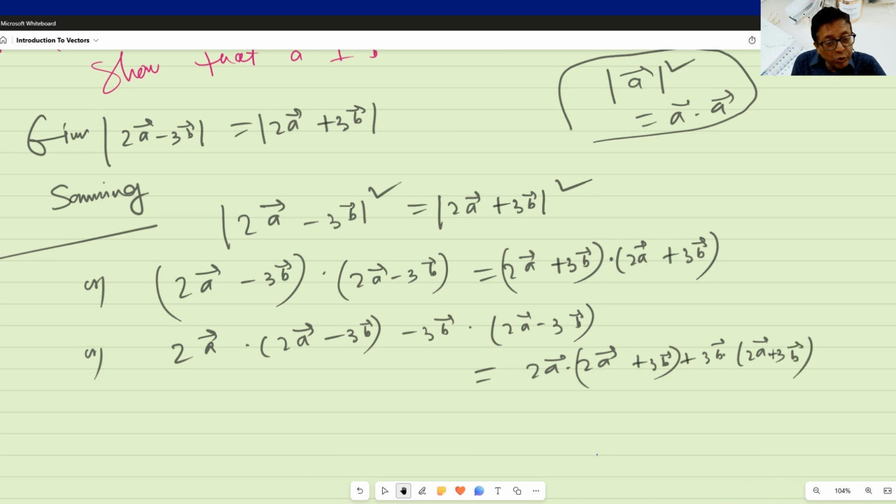Clear? Again the distributive law we are going to apply.